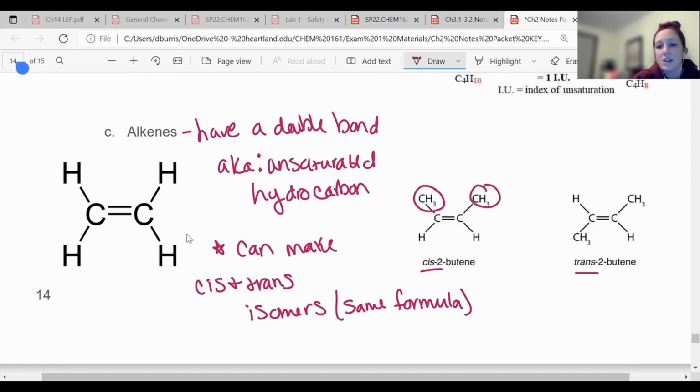And they're just kind of switched on this one. My methyl groups are on opposite sides and my hydrogens are on opposite sides. So if they are on the same side, it's cis, same side. And if those groups are on opposite sides, then it's going to be a trans isomer. Okay, so that's what those mean.